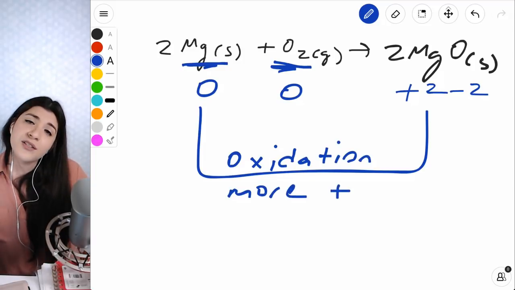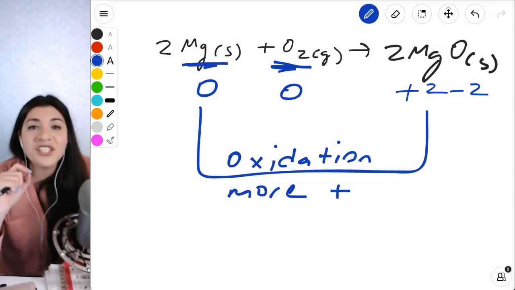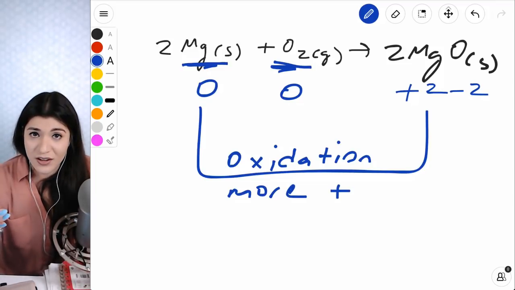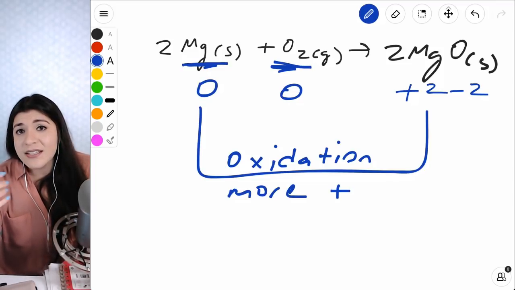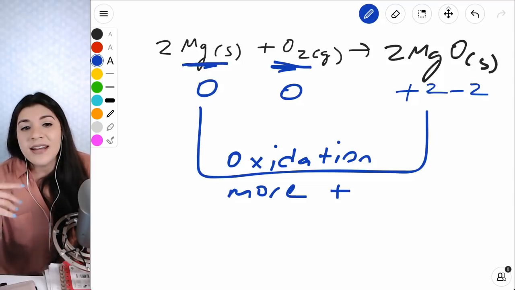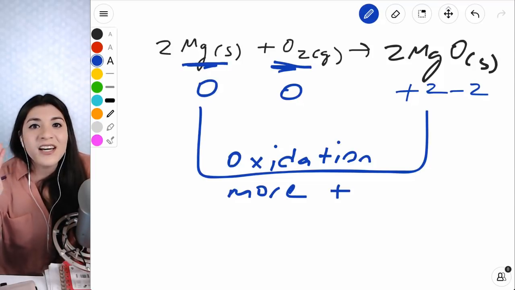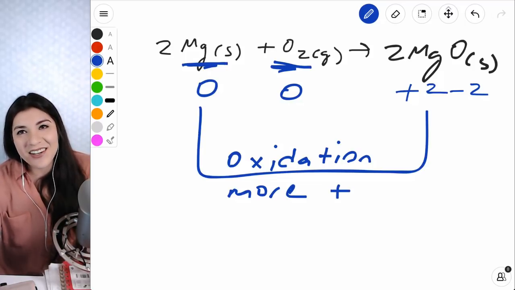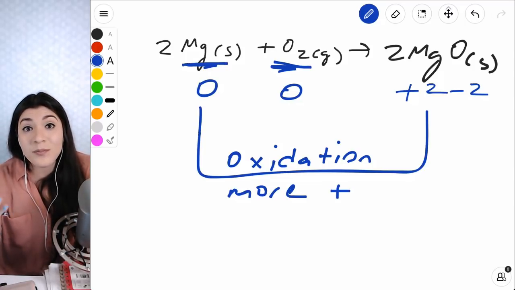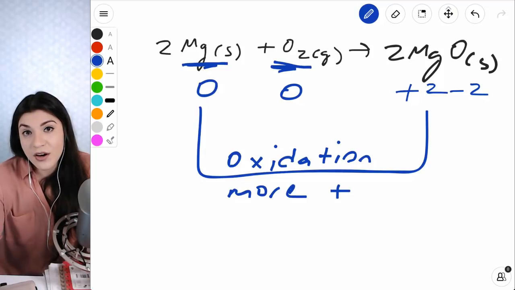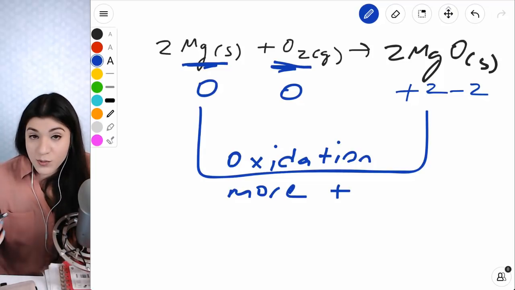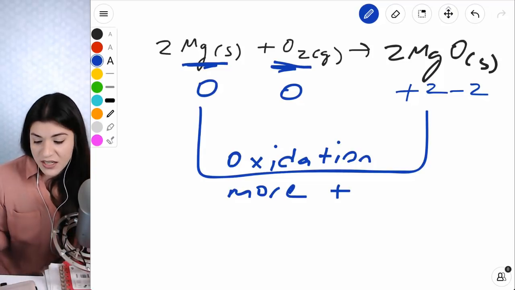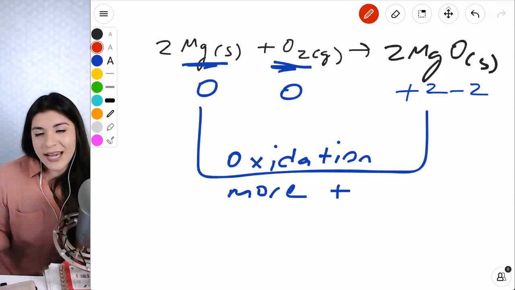The reason why it's doing this is because oxidation is a loss of electrons. What I like to think is, as you lose negative thoughts from your mind, you become more positive, okay? I know it's backwards to how you're thinking, but that's how I remember it. And then reduction is going to become more negative.